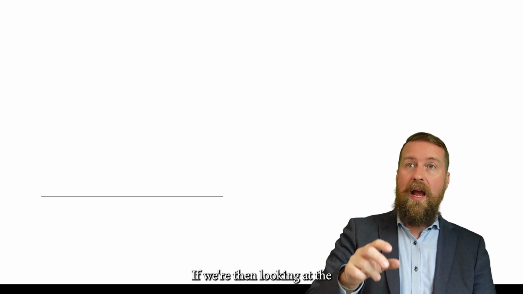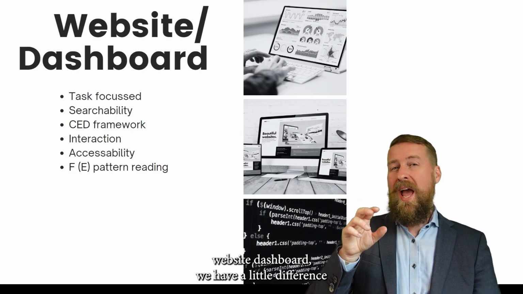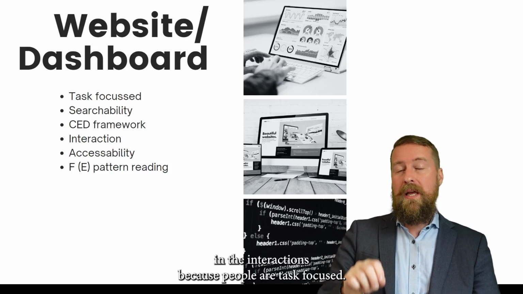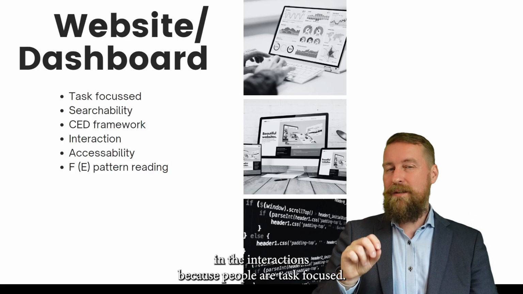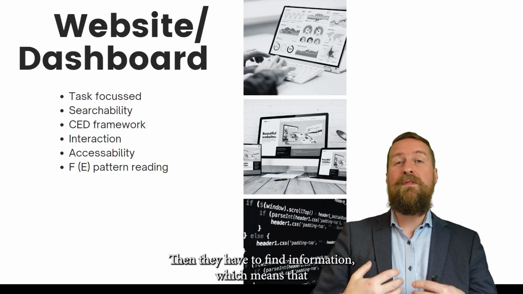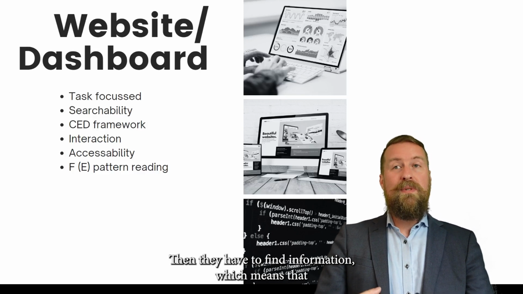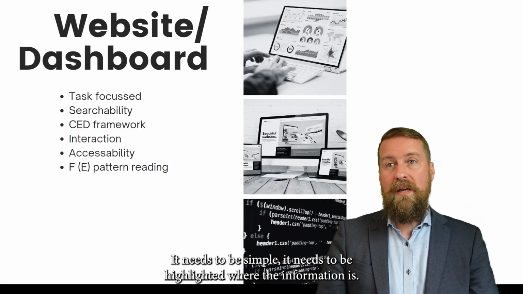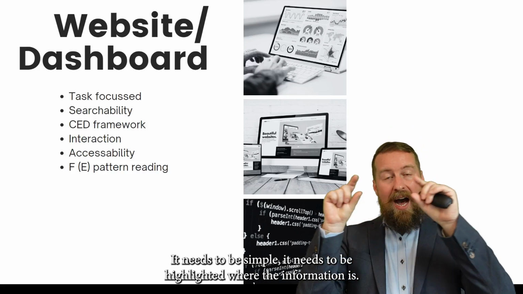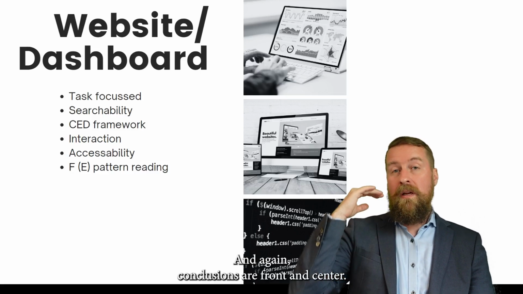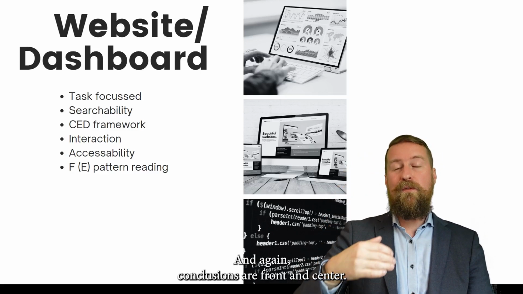If we're then looking at the website dashboard, we have a little difference in the interactions because people are task focused. They're not there to get the story, they're there to find information, which means that it needs to be searchable, it needs to be skimmable, it needs to be highlighted where information is, and again, conclusions up front and center.